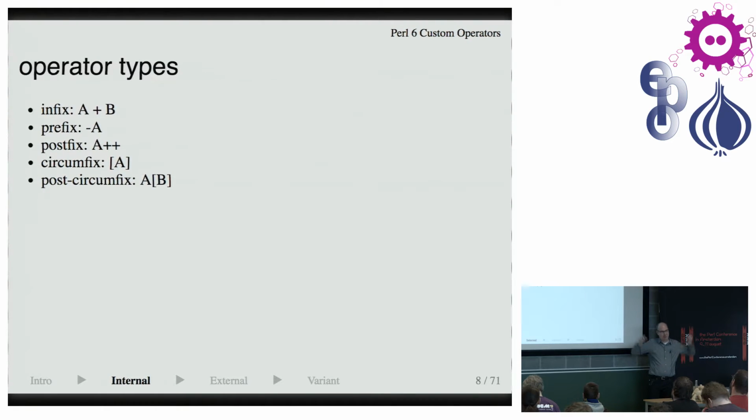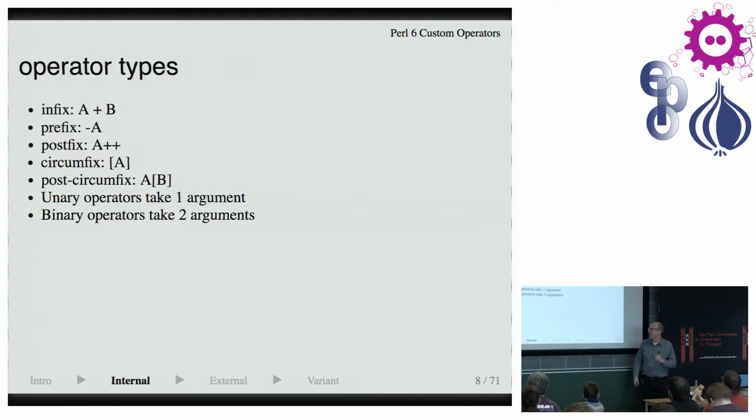Circumfix, or around something, and post-circumfix, like taking something out of an array. You can see that some of them take one argument, some of them take two arguments. Prefix and postfix each take only one argument. After all, they're really just functions. And circumfix takes one argument. Infix and post-circumfix take two arguments.